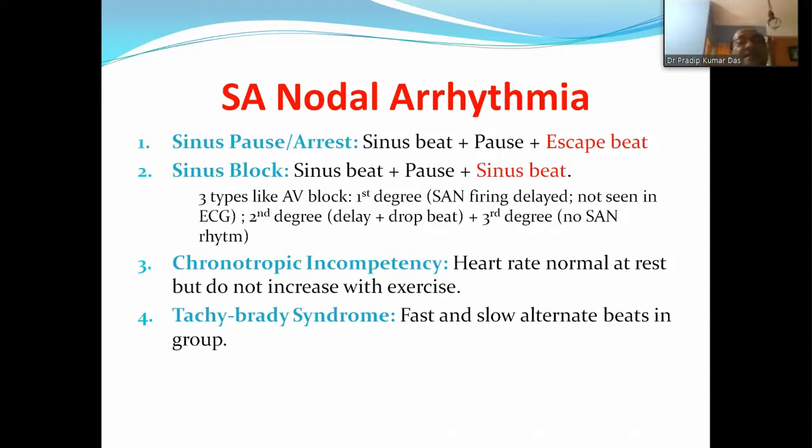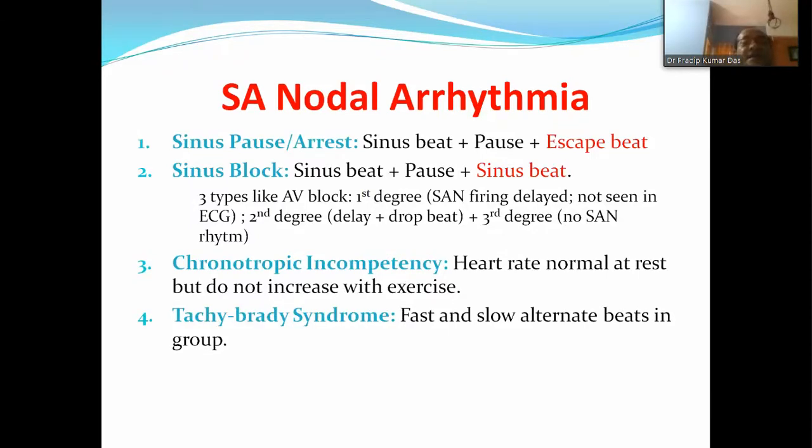That is, sinus block is for a transitional problem. The P cell is working nicely, but the transition is slowed, and again the P cell activates normally. And in case of sinus arrest, there is a normal sinus beat, but thereafter there is a total arrest, and the atria takes over to generate the activity of the sinoatrial node.